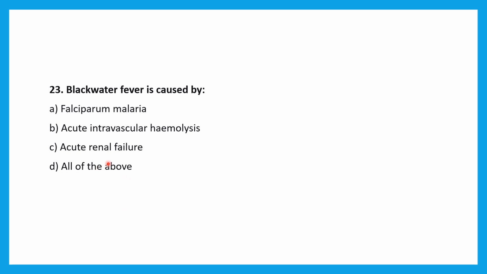This is very simple and straightforward, and we know that in blackwater fever there is intravascular hemolysis. This is what causes dark urine and hence black water, leading to hemoglobinuria and often resulting in acute renal failure. So what we are saying is all of the above is the correct answer.